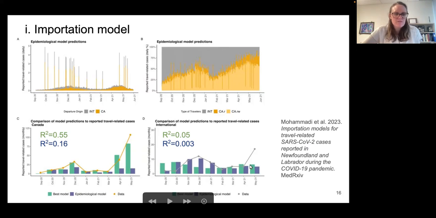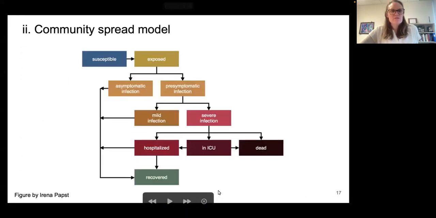And then on the right, on panel D, you're seeing the inability of the model and that all of those different models that we considered might give you some ideas for how to approach importation modeling, depending on exactly what you're trying to do. The other type of model that you want is a community spread model.